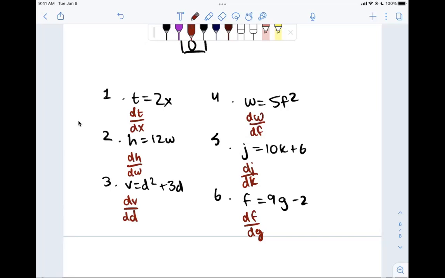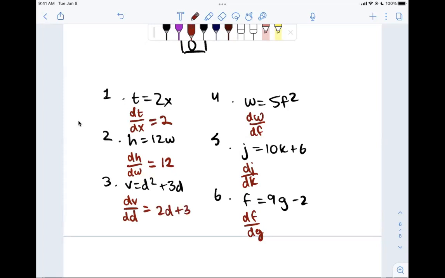All right, so these are all going to be with the power rule. So over here we have 2x. That's just a scalar multiple of x, so we're just going to be left with the constant 2. Same here with 12w, we're just going to be left with 12. Here we use the power rule. D squared, the derivative is 2d. We pull the 2 down.